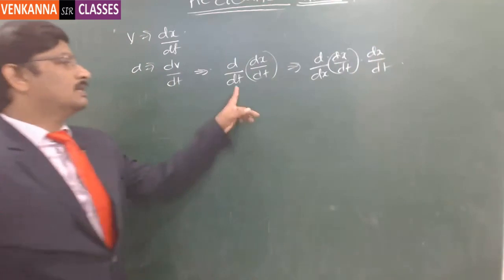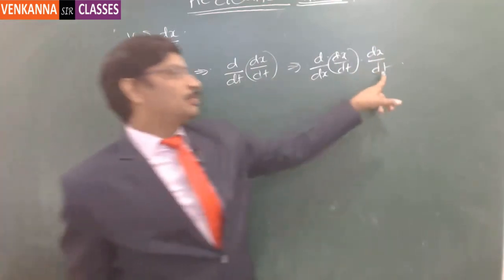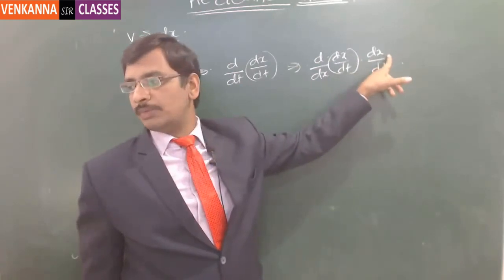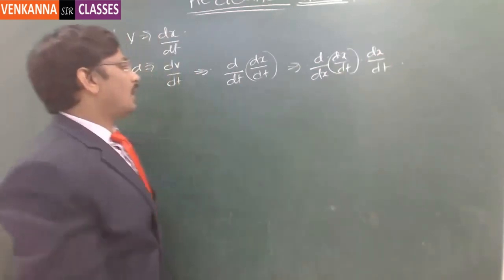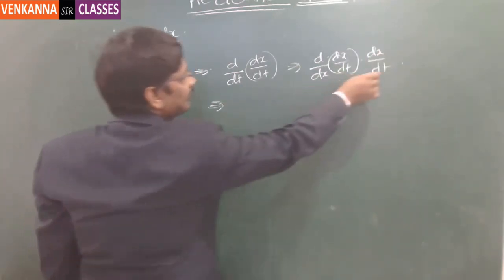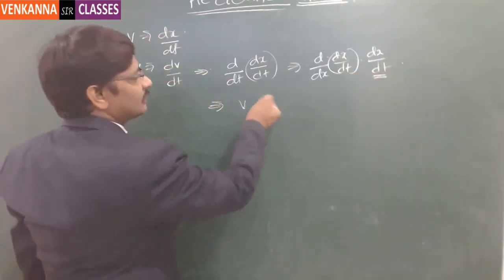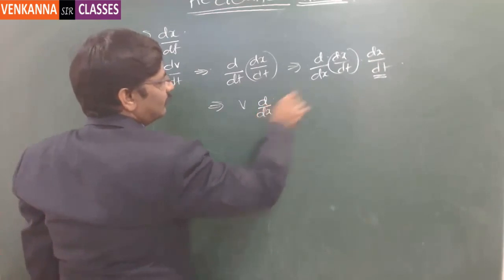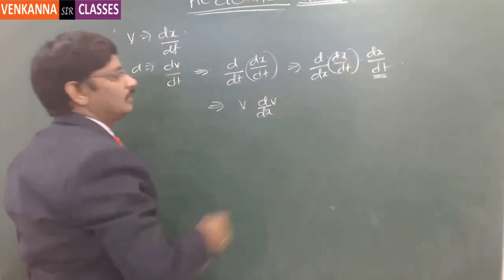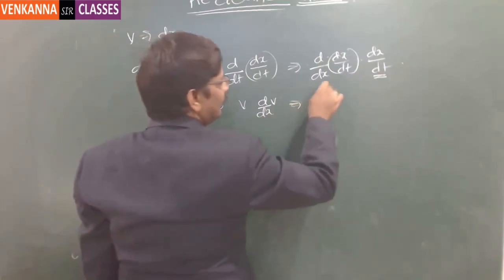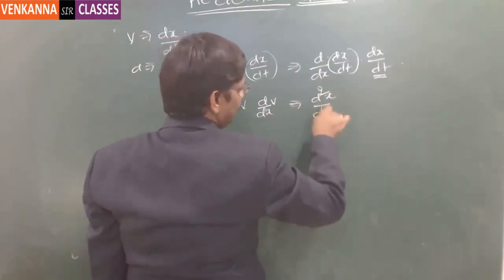See, I kept this dt at this point, and then I introduced a dx here and a dx at the top. This way I can achieve that dx by dt is equal to velocity, and now velocity times d by dx of this velocity again. So acceleration can even be treated as v dv by dx or d square x by dt square.